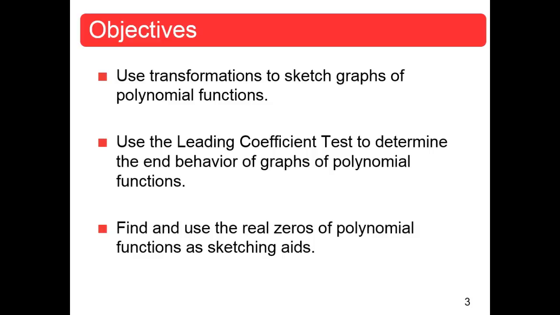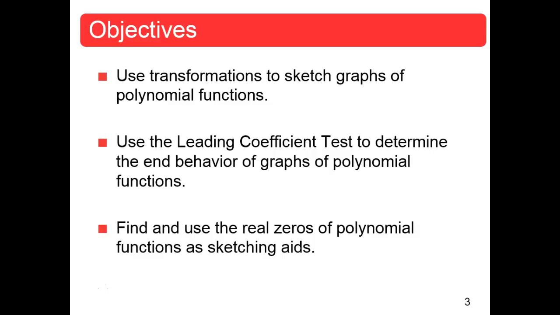So, what we're going to look at first is using transformations. They love these, don't they? To sketch graphs of polynomial functions. And then we're going to look at something called the leading coefficient test, and I don't like this term particularly. I like to call it the leading term test, because you're going to use everything about that leading term, not just the coefficient.